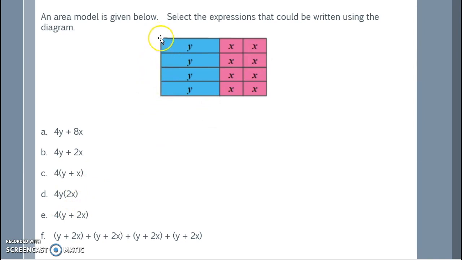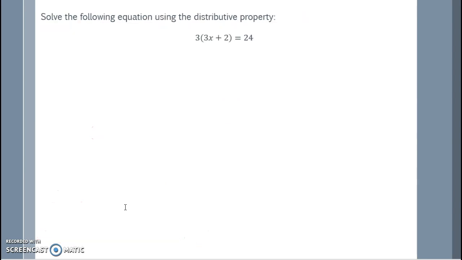Yes, we have the 4y, but there is more than 2x across the top, so D is not appropriate. Letter E would work because we have 4 groups of y plus 2x. And F is y plus 2x plus y plus 2x plus y plus 2x plus y plus 2x. So that, of course, will work as well. So A, E, and F will all work.